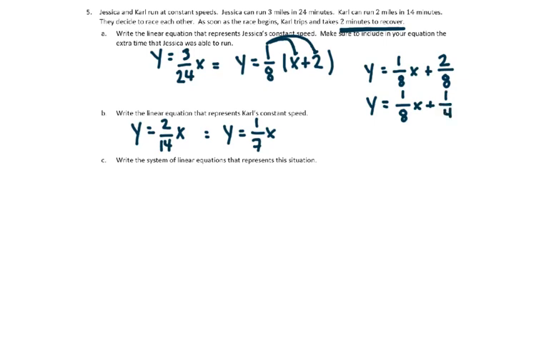Okay, so we're going to create a system of linear equations to represent this situation simply by writing our equation for Jessica, which is y equals 1/8 x plus 1/4, and our equation for Carl, which is y equals 1/7 x. So that's our system of linear equations, which we're now going to turn to the next slide to graph.